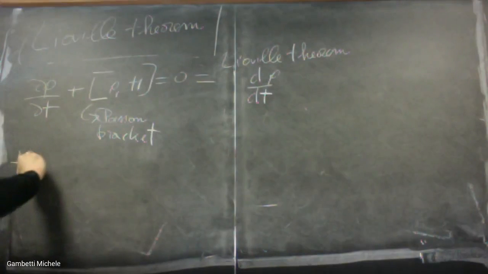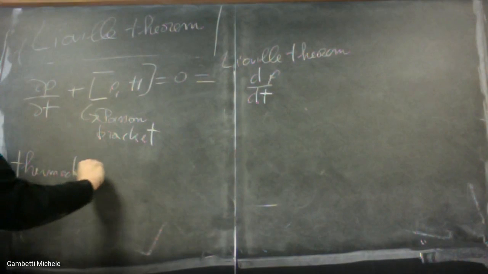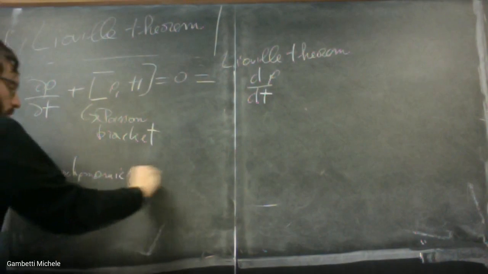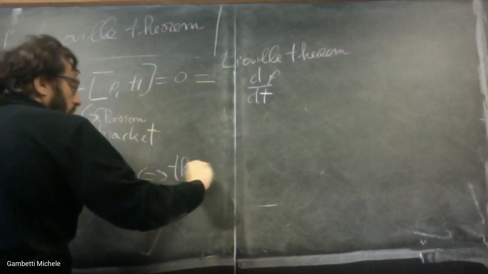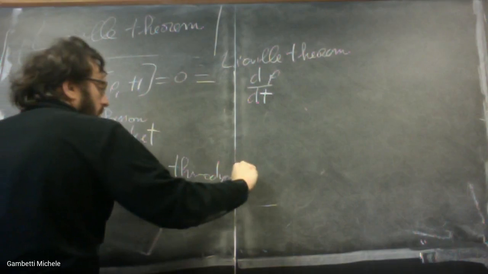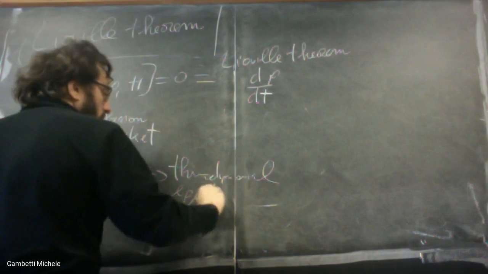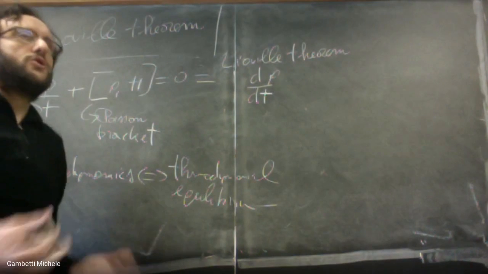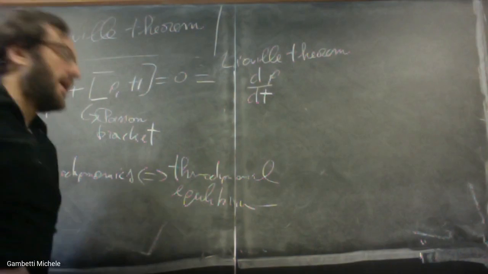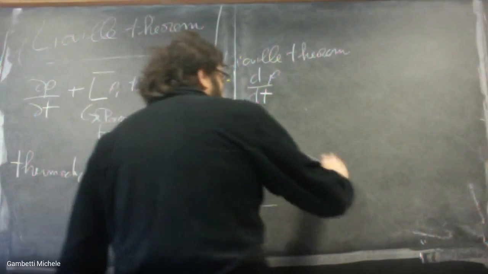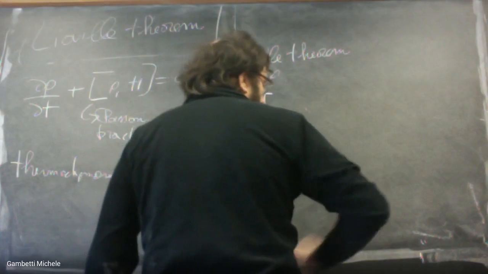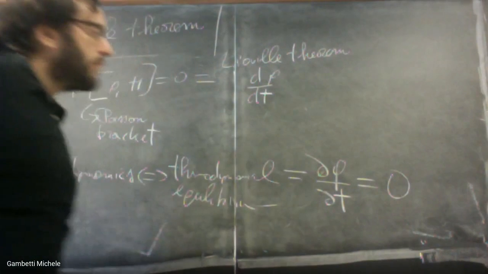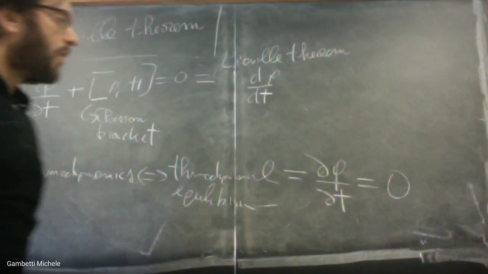If I want to have thermodynamics, which means thermodynamical equilibrium, which to my intuition is a situation in which I do not see any evolution in time, this corresponds to the fact that the partial derivative of rho with respect to time is equal to 0, so I do not have any explicit dependence of rho on time.